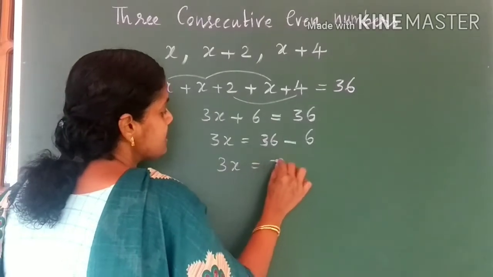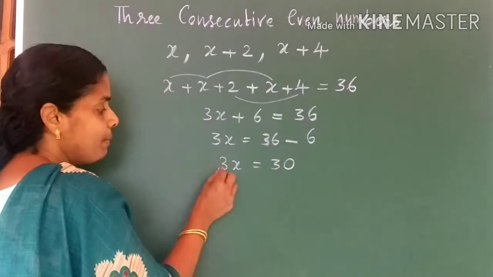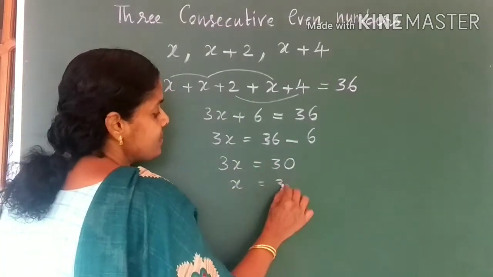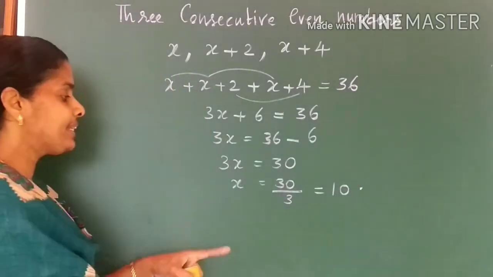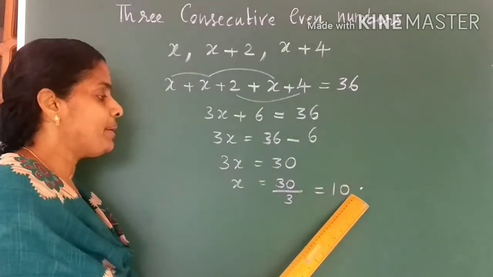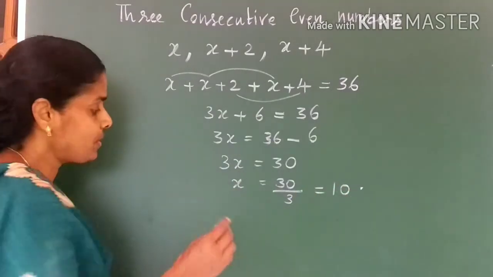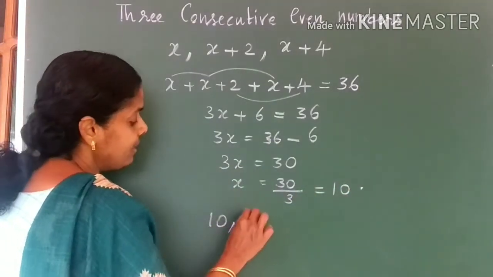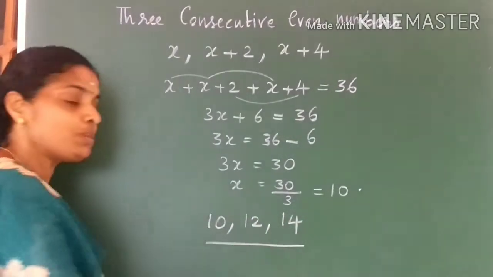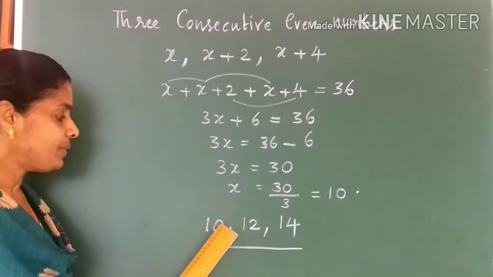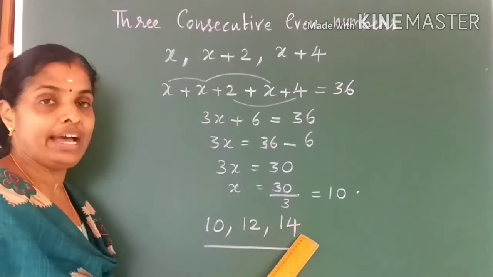Otherwise 3x is equal to 30. Multiplication changes to division in the next step. So we got the first even number to be equal to 10. So the numbers are 10, next even number 12, the very next even number is 14. So the answer is 10, 12 and 14.